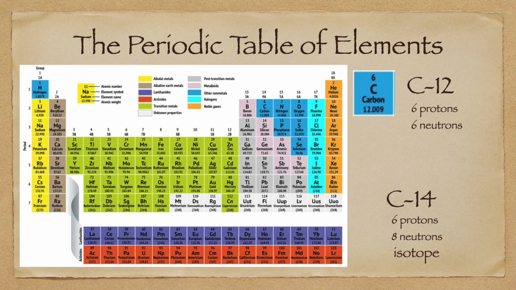Each atom contains protons, neutrons, and electrons. All atoms of each element have the same number of protons. Always. Same number of protons. But some can have a different number of neutrons. If they have a different number of neutrons, it's called an isotope.